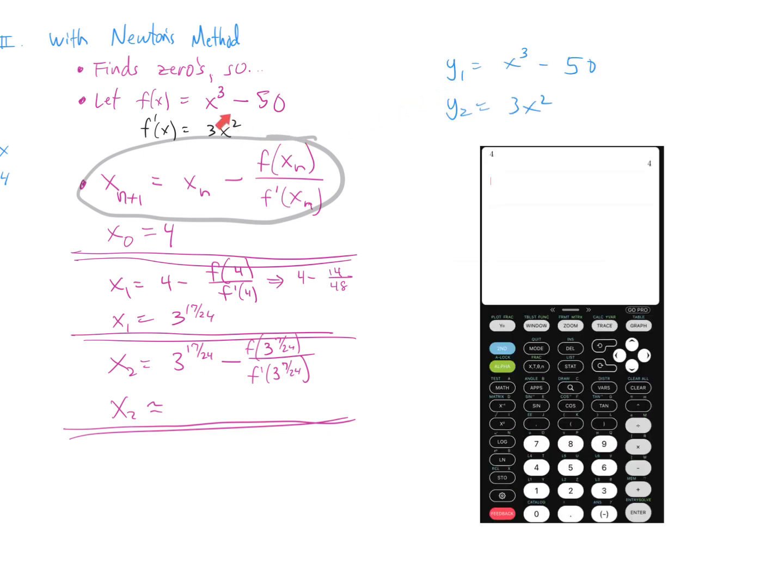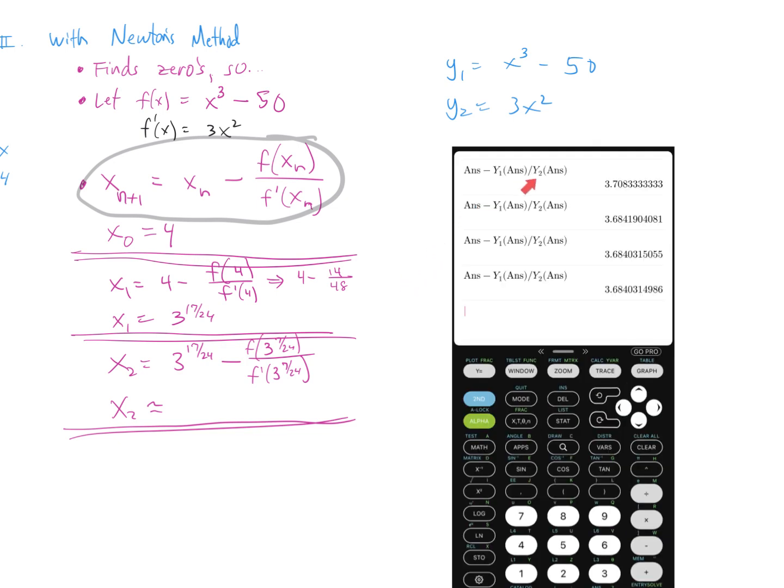So we'll put our function x to the third minus 50 in y1, the f prime, the first derivative, in y2, and then we take our guess, enter it into your calculator, and hit the enter button so that it enters into that registry, because we're going to be using this button, remember, the second negative sign to get the previous answer, this little ANS, which in this case is 4 in the beginning. So then we're going to do the previous answer minus y1 at the previous answer divided by y2 at the previous answer.